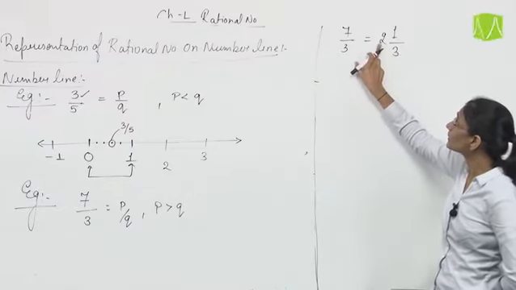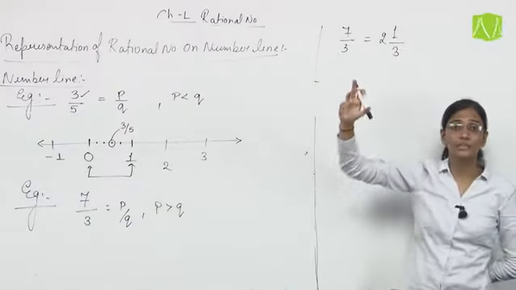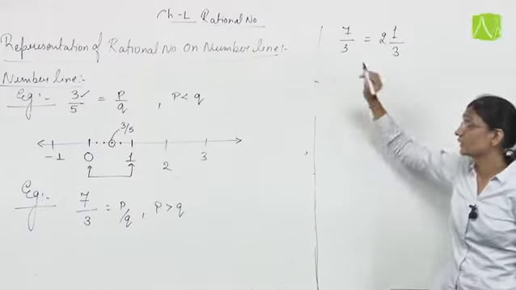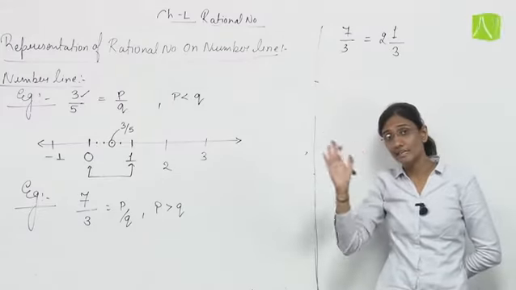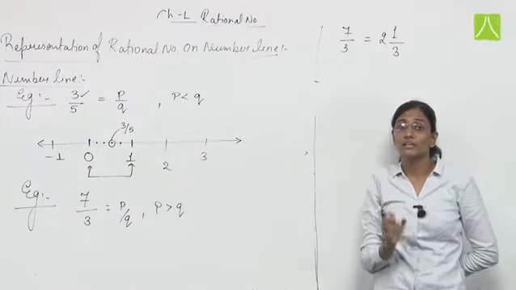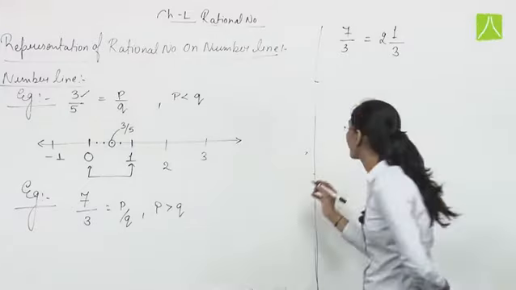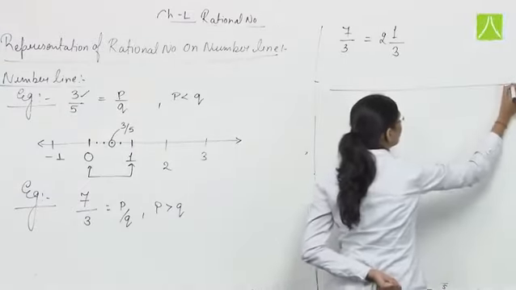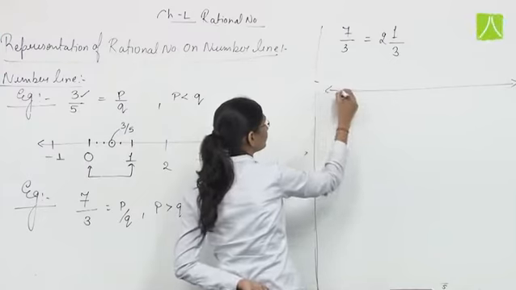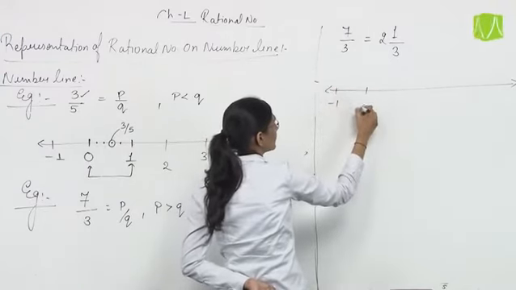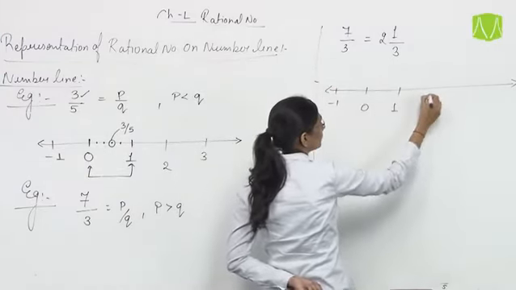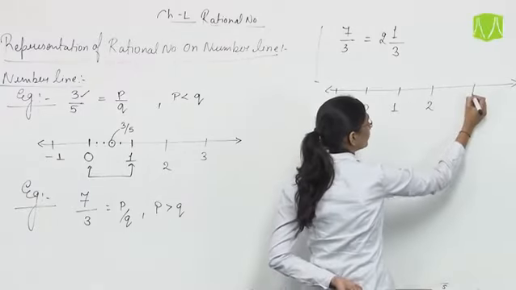Now the number is greater than 2 and less than 3, and positive. Therefore it lies on the right side of 0 and between 2 and 3. Let us draw the number line. Minus 1, 0, 1, 2, 3.